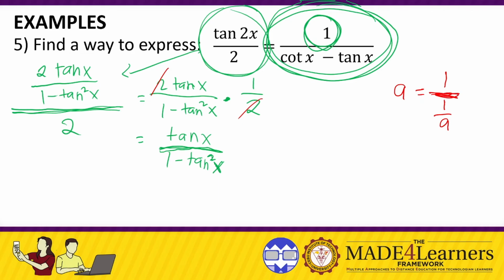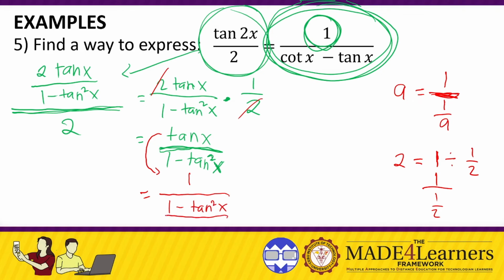Let's try a number: 2 is just the same as 1 divided by 1 half. So we're going to apply it here. We will transfer tan x to our denominator. So we will have 1 over 1 minus tan squared x over tan x.